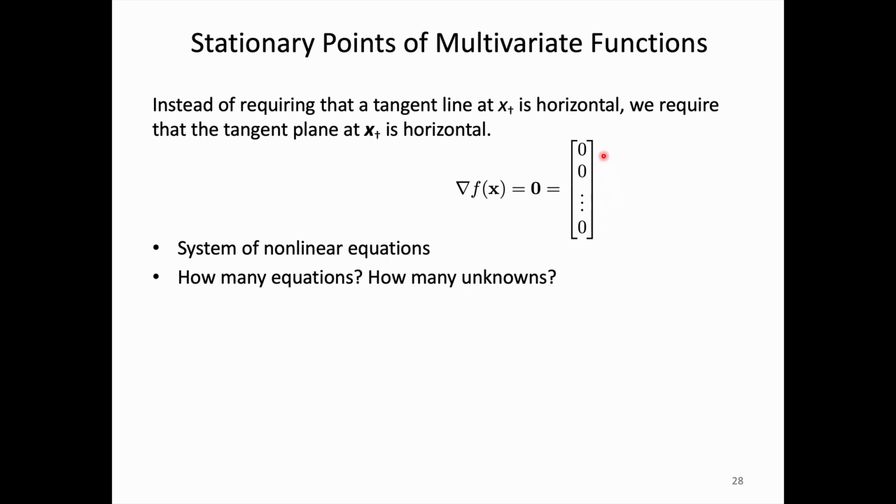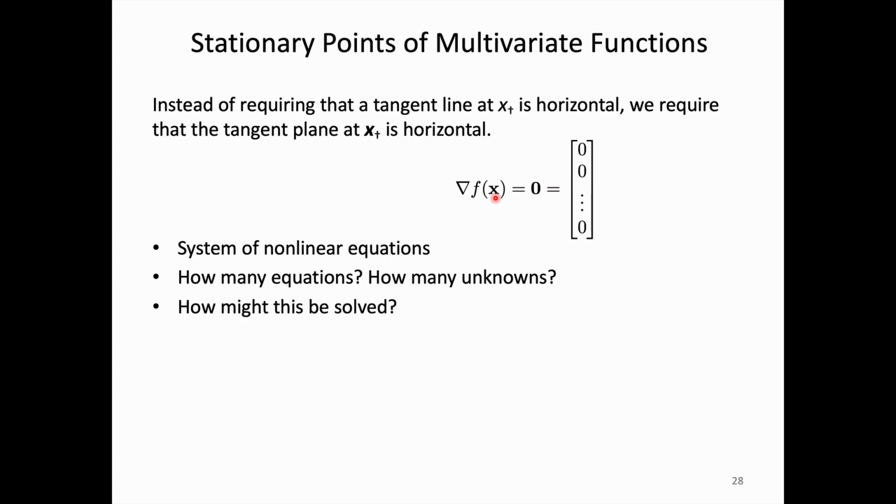Well, the number of equations is the number of rows in the gradient, or the length of the gradient, and the number of unknowns is the length of x. We don't know what x is. Each one of the components of x is an unknown. So we have n equations and n unknowns if n is the length of x.